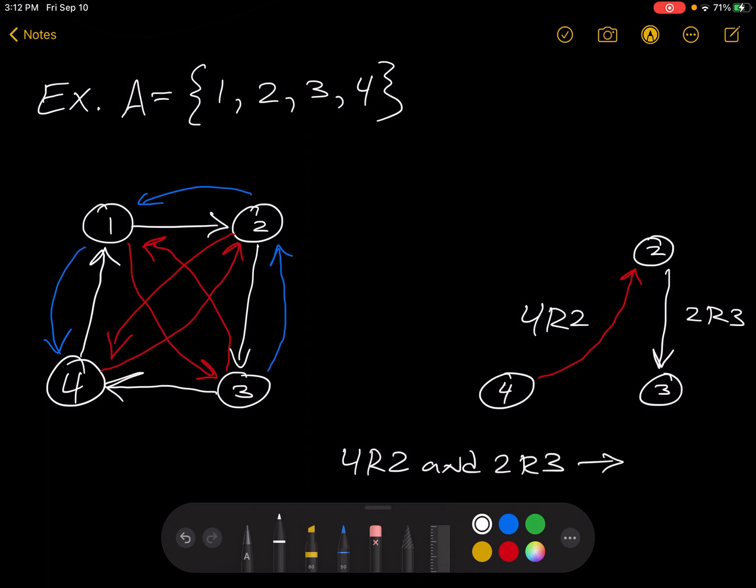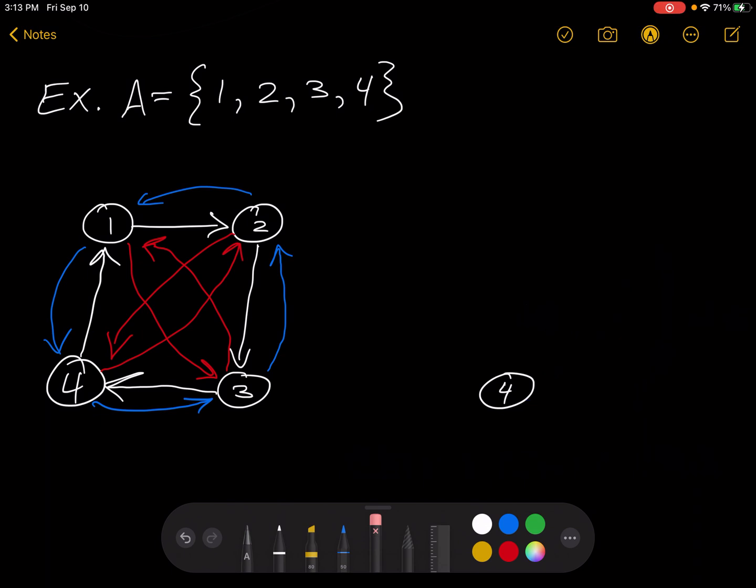So we need 4R3, which I'll do in blue. 4R3 is there. Okay, so now we've added in more edges to make it transitive, and we say, is this resulting graph the graph of a transitive relation? And the answer is no. Now adding the blue in made it so that we had to add in even more. So let's see what else we have to add in.